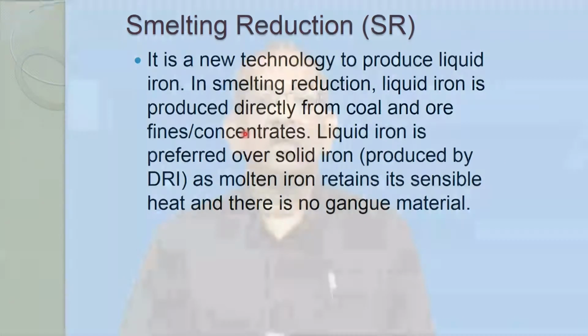So these are the two main processes by which iron is produced in an alternative way. Direct reduced iron or direct reduction processes you are familiar with now. The second process is known as the smelting reduction.